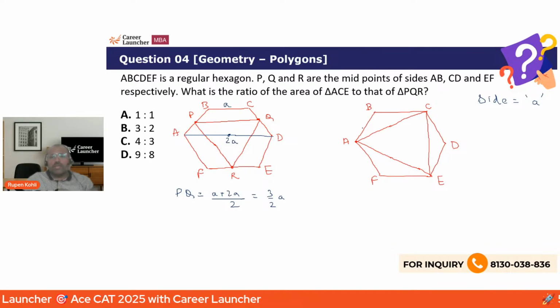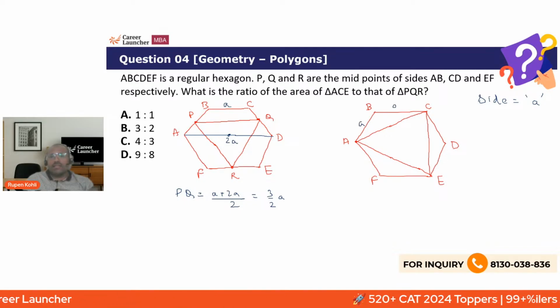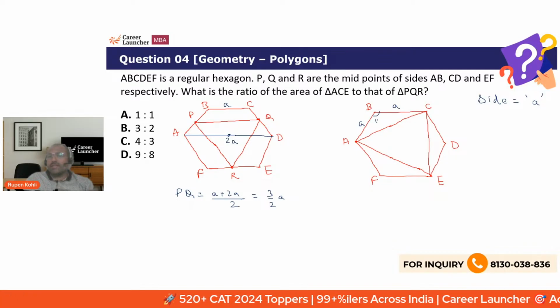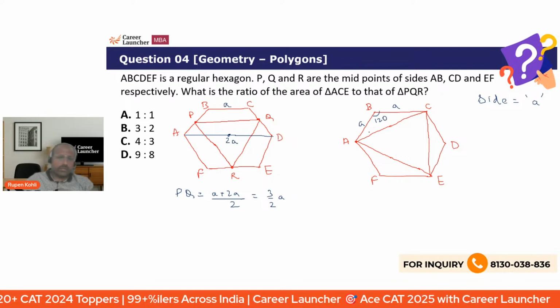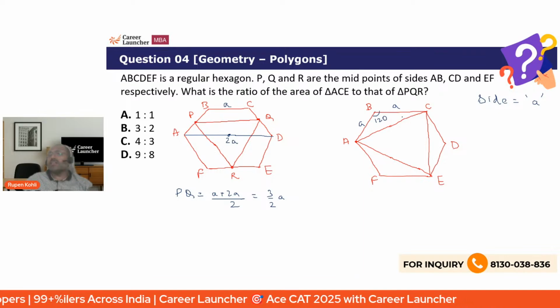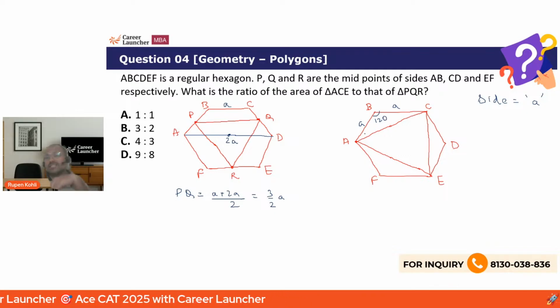Now coming to this triangle ACE, AB and BC are also A. Angle B is 120 degrees, the angle of a regular hexagon. Obviously, triangle ABC is isosceles, so the other two angles are equal. So 120, remaining 60, split that equally as 30 and 30.